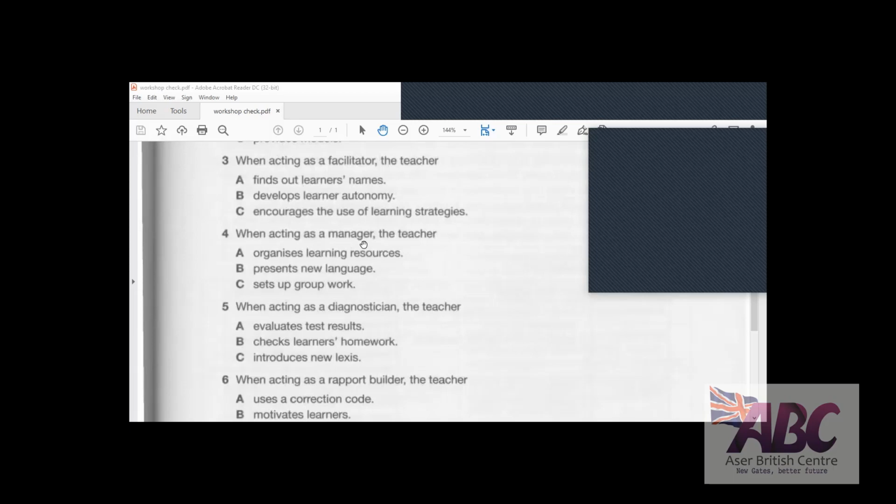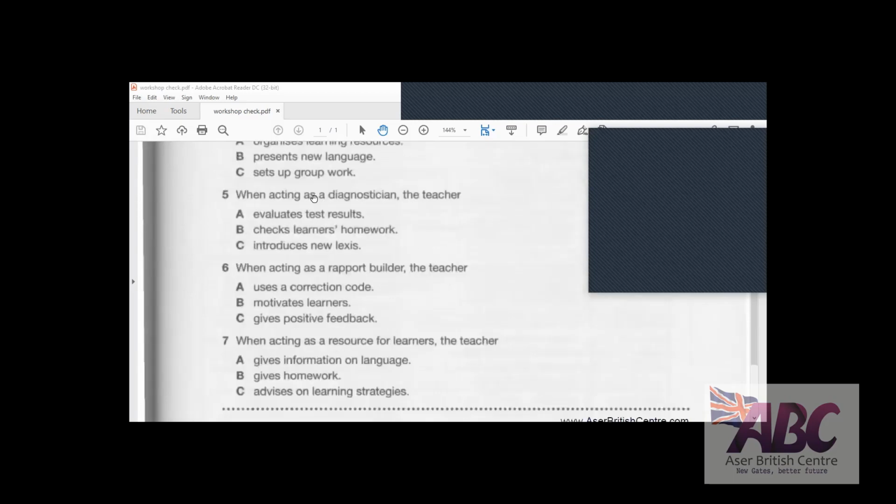So the manager organizes, yes, and sets up group work. That's right. These things can be done by the manager. If you are presenting a new language, what role do you think? Language expert, language input or language resource. Thank you very much. That's right.